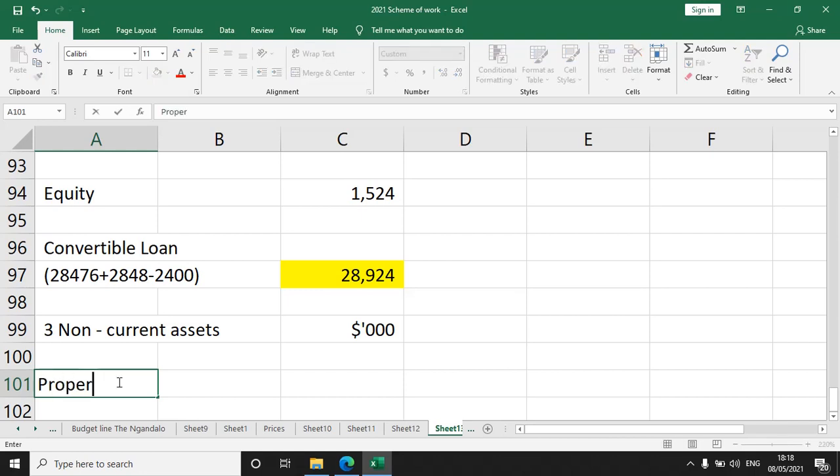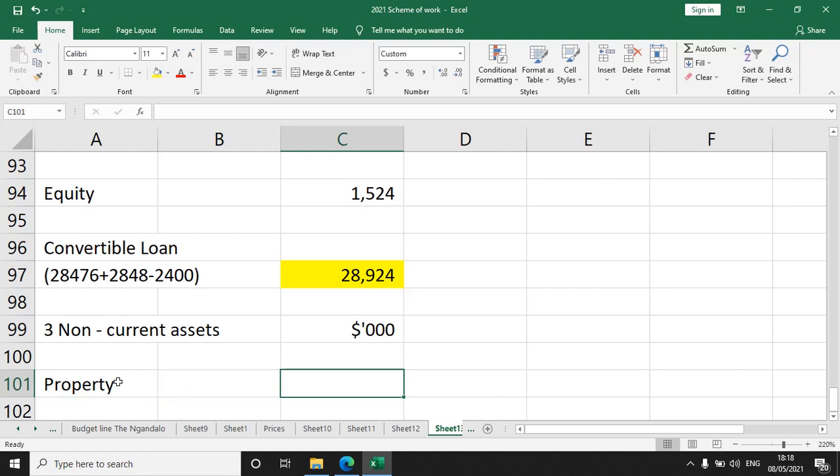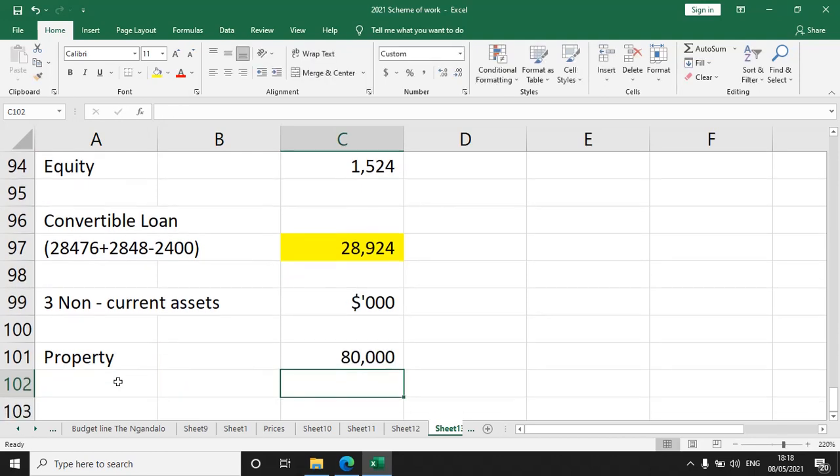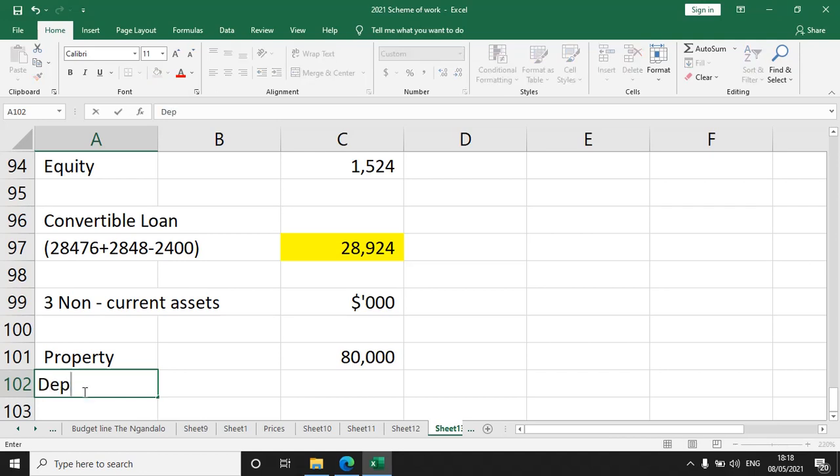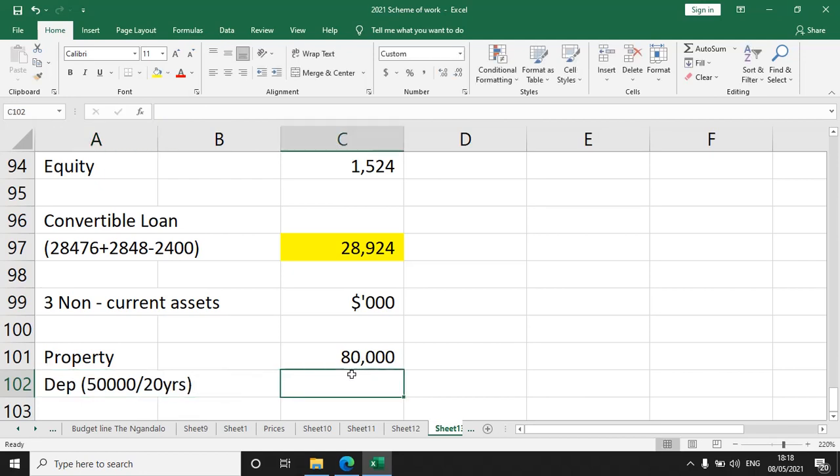So as we have rightly heard, property has been revalued, and it's now 80 million. We want to depreciate this property. Depreciation will be based on the value of buildings in the property, and of course that is 50,000 divided by about 20 there.